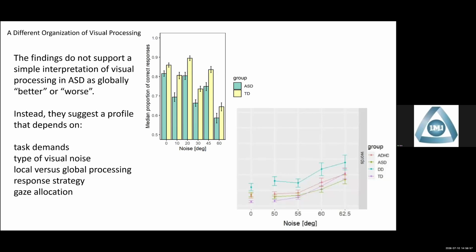And when they read words and pseudo words in pixel noise, you notice that the group with typical development has fewer errors when the noise is low or without noise, and with increasing noise level, people with autism read with fewer errors even than the group with typical development. Of course, the group with dyslexia always reads with many more errors.